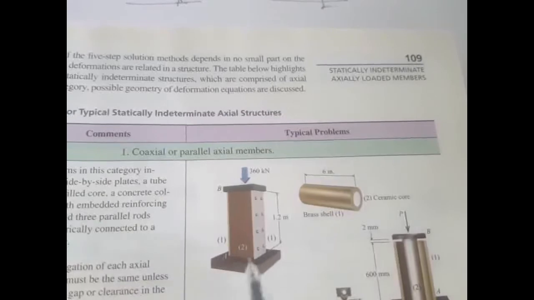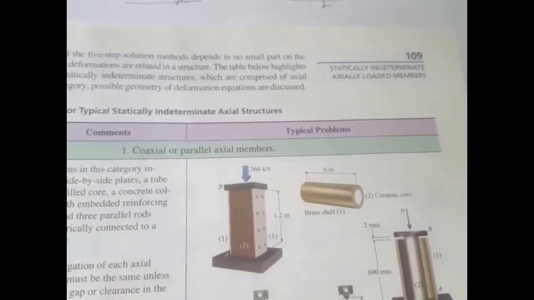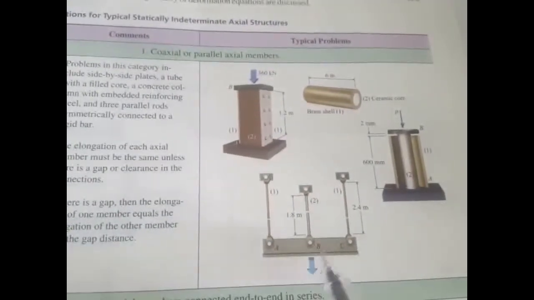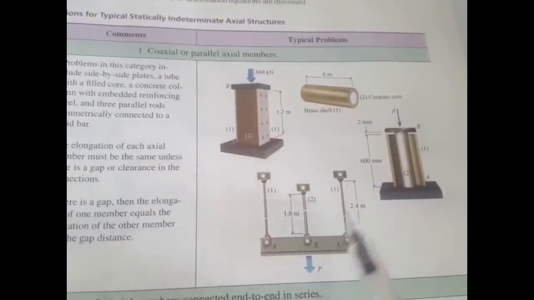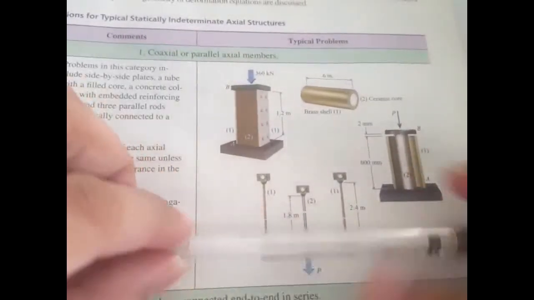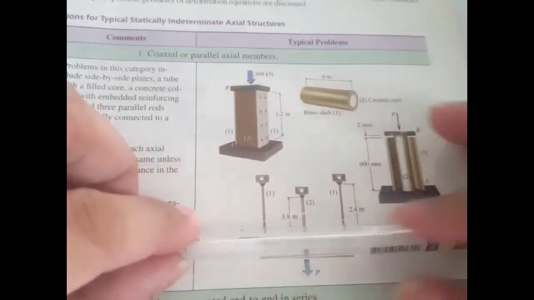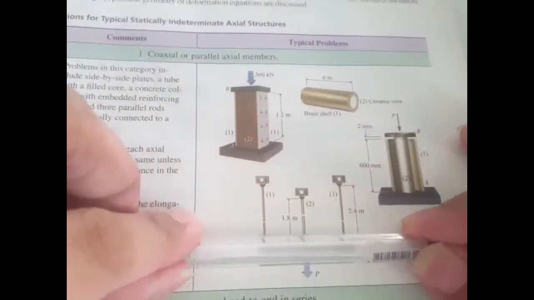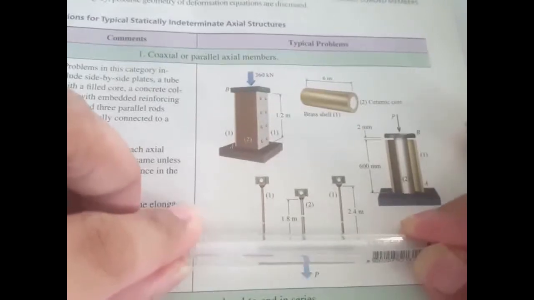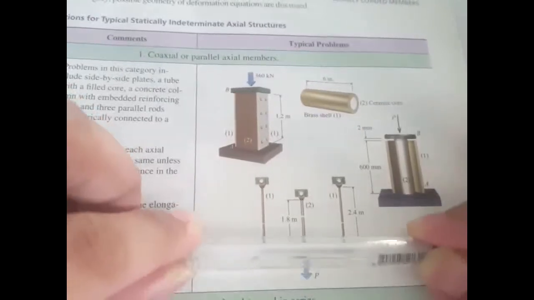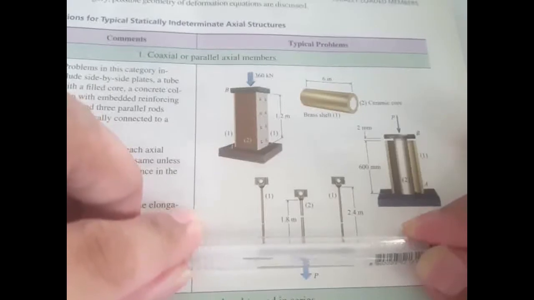So how do you set up the equations? Another one is this: if we have this rigid bar supported by these rods, once the bar is loaded, they all deflect the same amount.